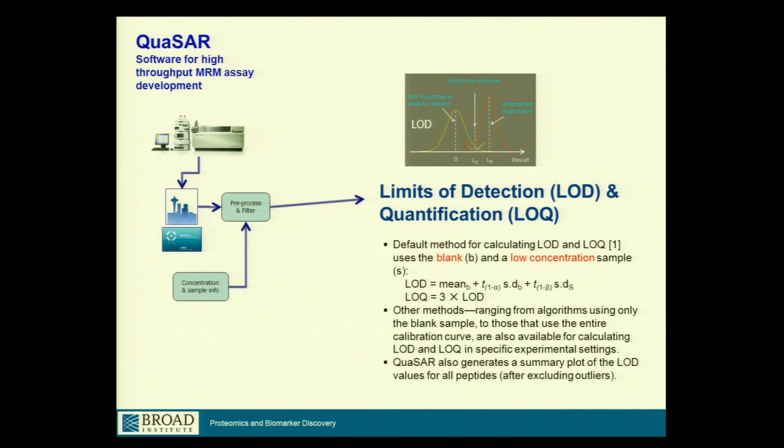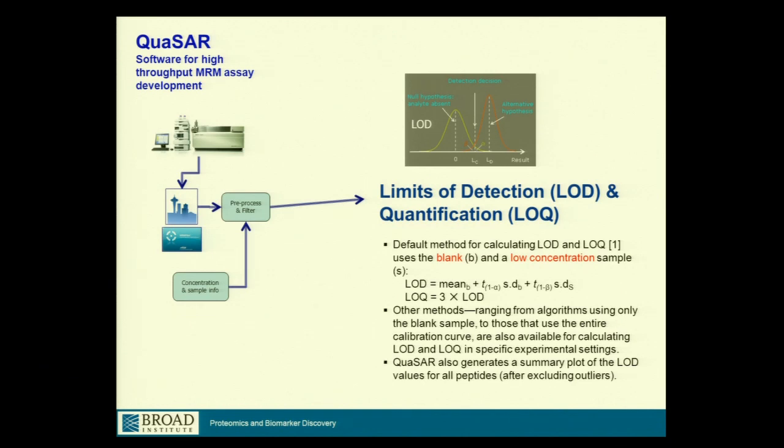These two are very important numbers for any assay, because if you're going to measure some protein in plasma, for example, and your assay has a limit of detection or quantification that is much higher than what would be found in a sample that you're going to get, then it's a useless assay. So this is a very important number that needs to be calculated.